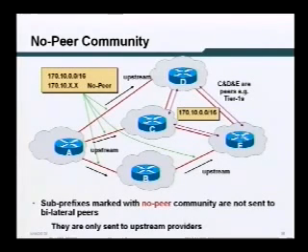I mean, if E had any upstream, then he'll still send the sub-prefix onwards that way. Okay, so that's the purpose of the no peer community, to try and let ISPs towards the edge of the network do the traffic engineering for load sharing without actually filling up the core of the internet routing table full of these small bits of networks that aren't really useful for anything else.